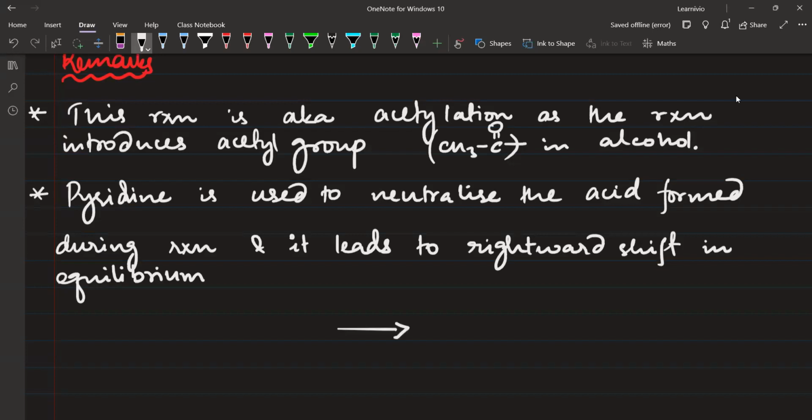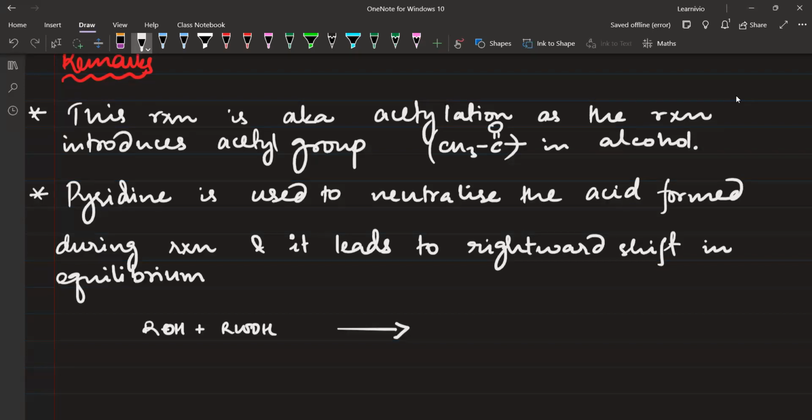When we react alcohol with carbonic acid, the other product is water, one of the byproducts.